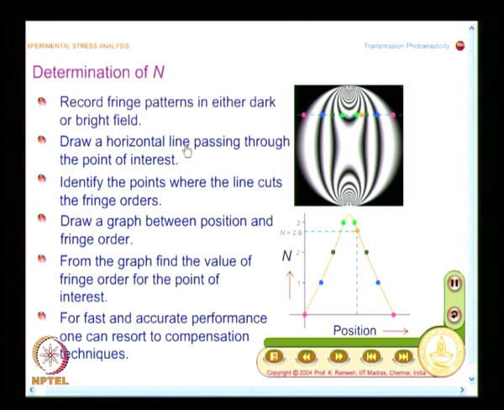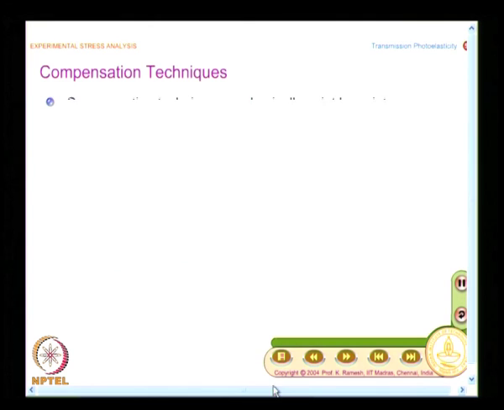So, one simple approach is to plot a graph and then do it, and if you want to improve the performance and also improve the accuracy, you have to resort to what are known as compensation techniques, and we will see what compensation techniques are.